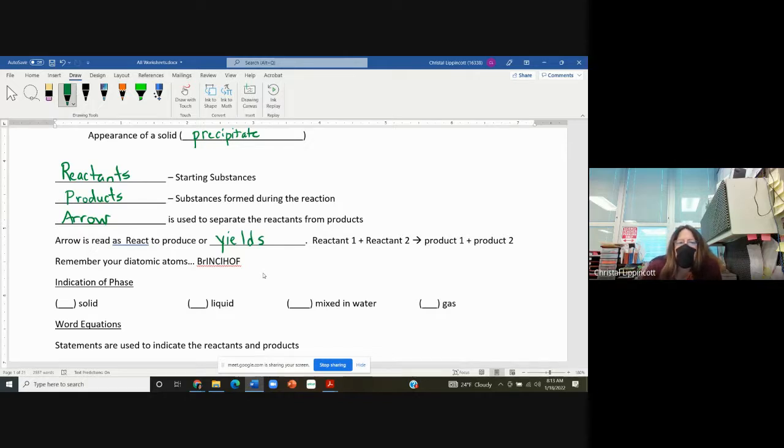All right. Remember your diatomic atoms when we're doing these, okay? Anytime that these guys are alone, you have to have a 2 by them. So remember that we call these the Brinklehoffs. It's just an easy way to remember all of them.